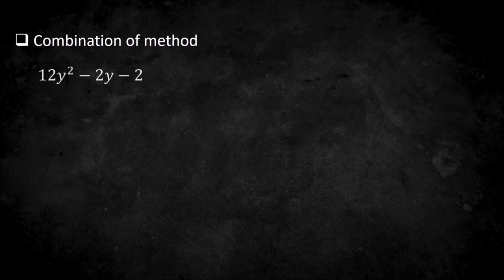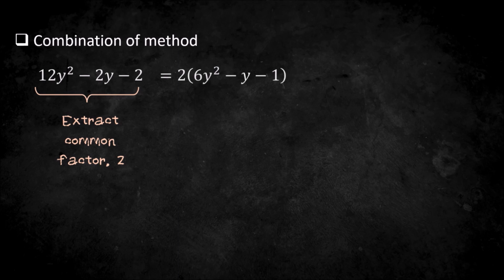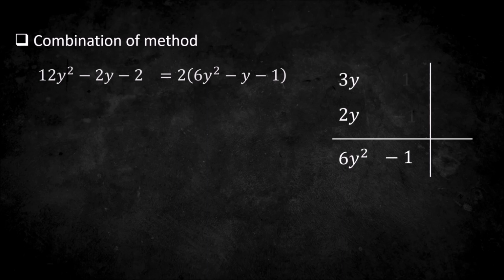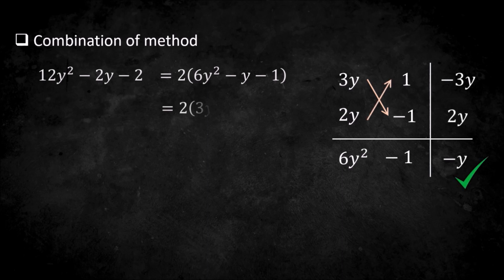The next example can be factorized by extracting the common factor, 2, followed by using the cross-multiplication method. Remember to always check that an expression is factorized completely.